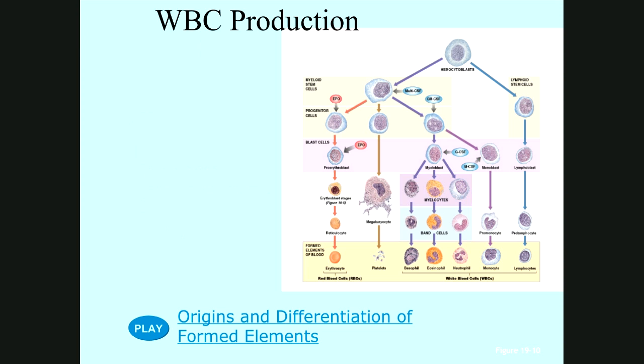So let's look at them. We already showed that EPO will produce the red cells or erythrocytes. So for the white cells, let's not talk about the platelets right now. Let's focus on the white cells. We have one hemocytoblast that can be differentiated into myeloblasts, some stem cell progenitors.